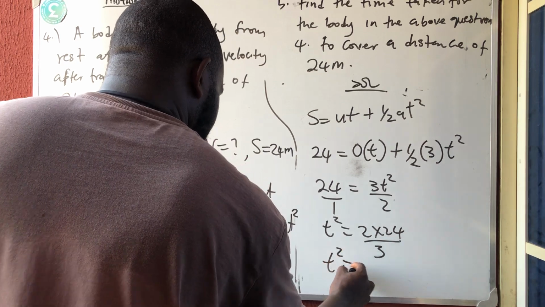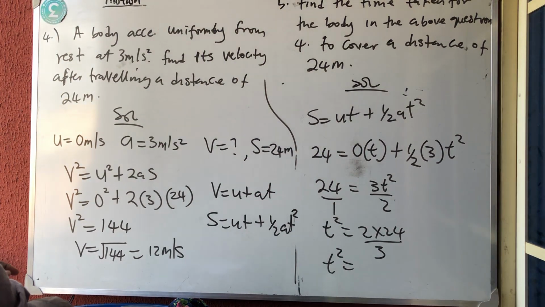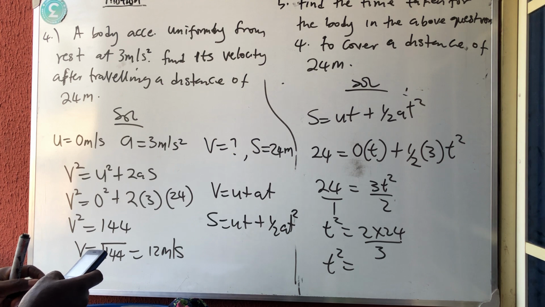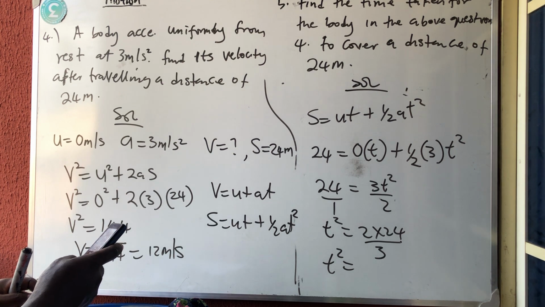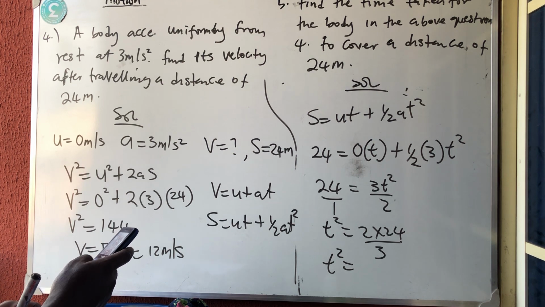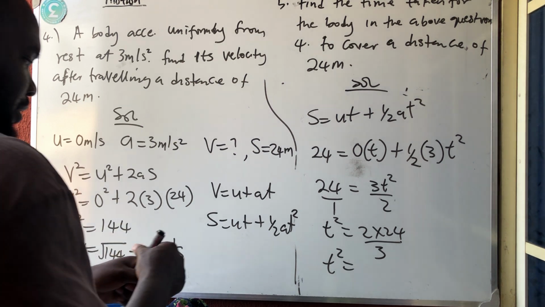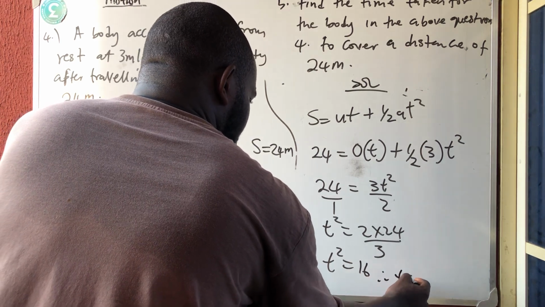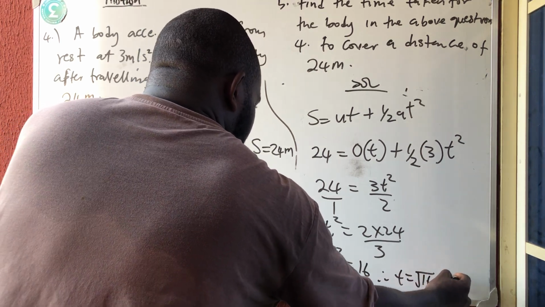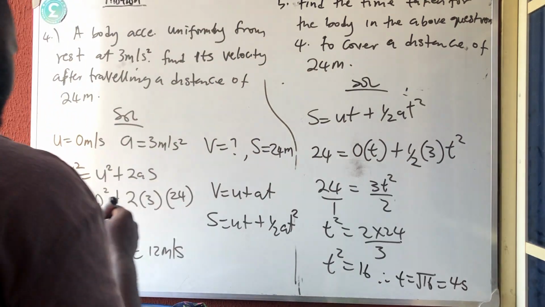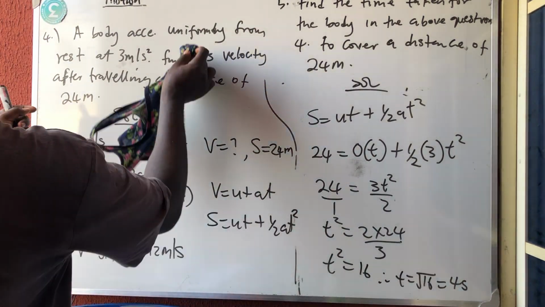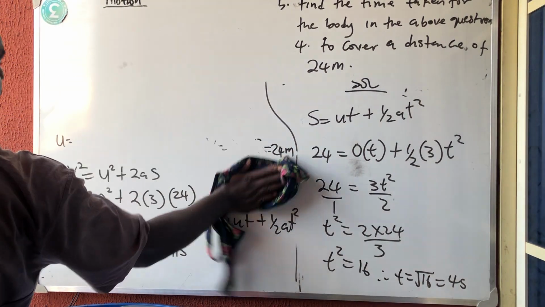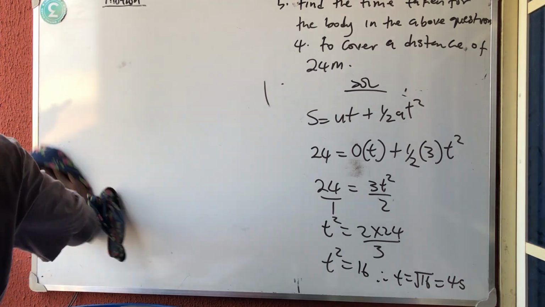So I'm having 16. So therefore my t is equal to the square root of 16, which is what? 4 seconds. You see, as simple as that. This is one of the easiest topics in physics.